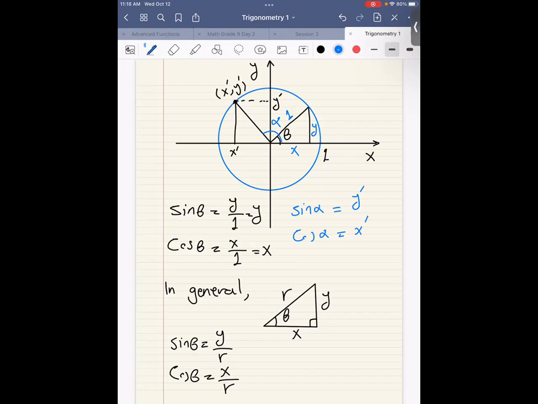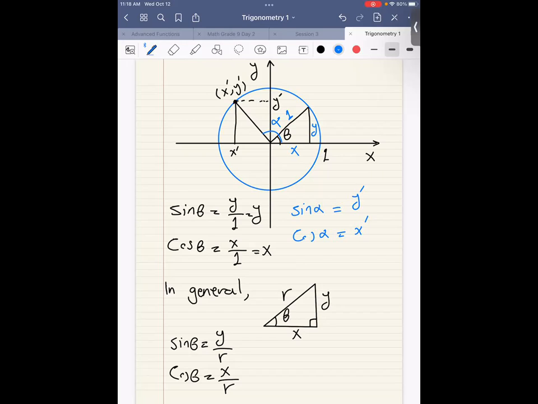So in the second quadrant, the x component is negative. So in the second quadrant, sine is positive or negative? Sine is positive, because y is positive.